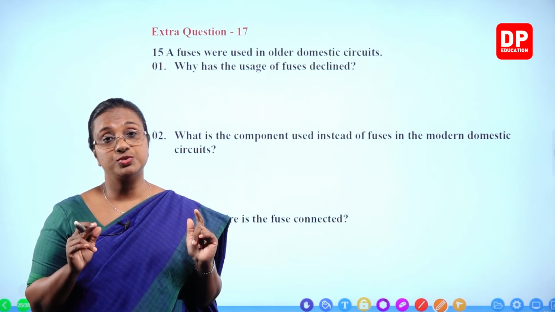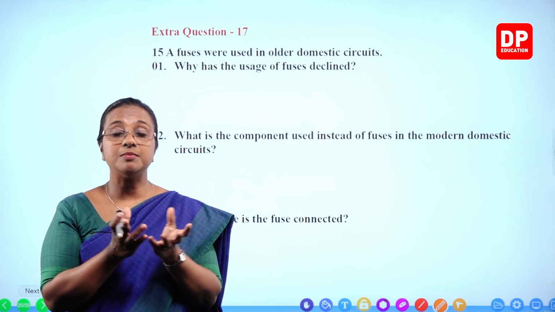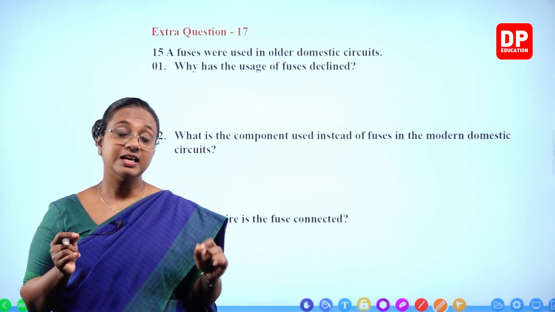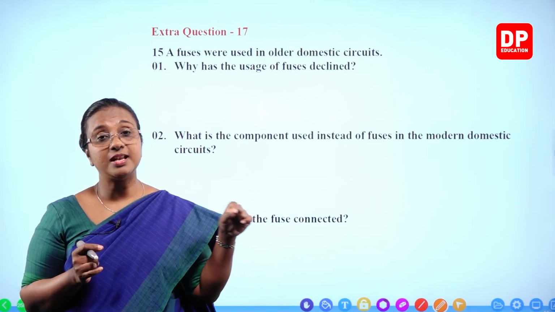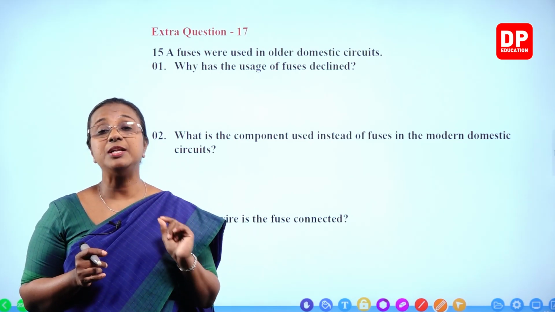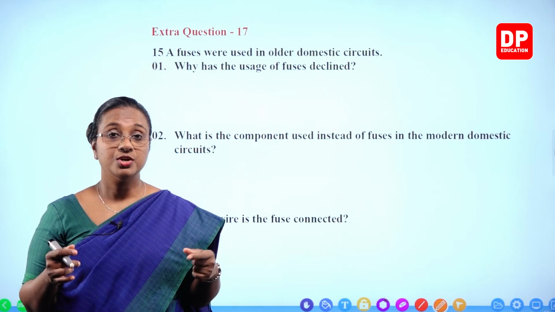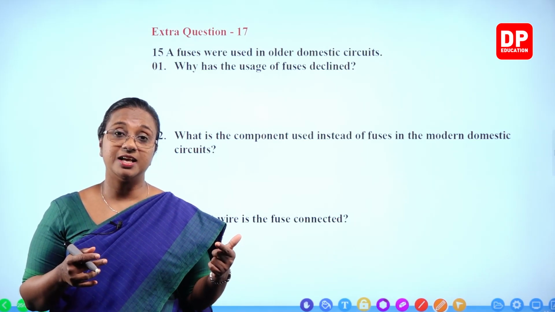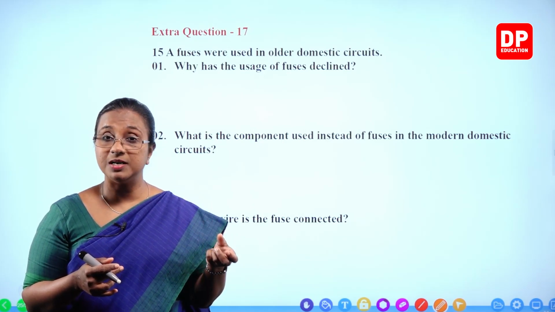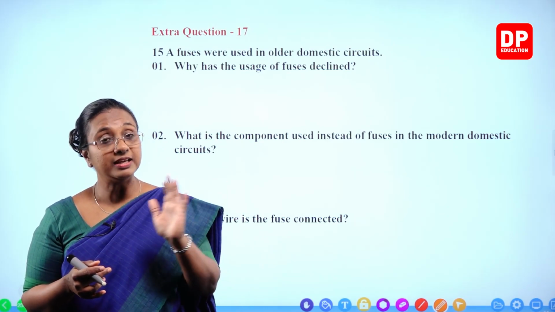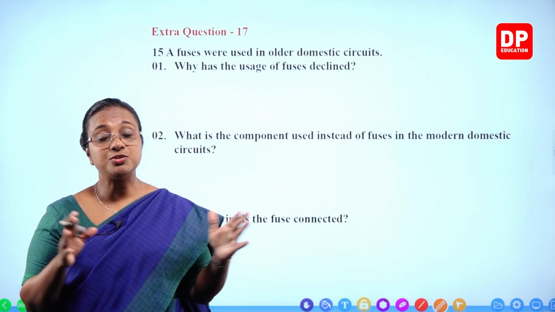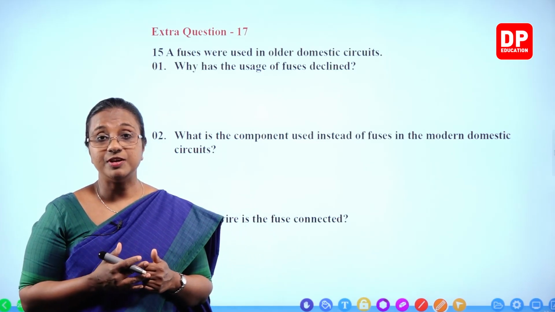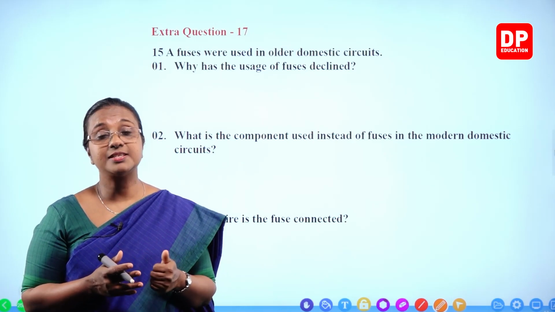You know the fuse. Now the fuse has a ceramic mount and on that there is a fuse wire connected. Depending on the maximum current that can flow through it, the diameter of the fuse wire varies. So when there is high current flowing through it, due to the heat generated, the fuse wire will burn off, and because of that, the electricity supply to that part of the household, or the full household if it is the main fuse, will be disconnected.